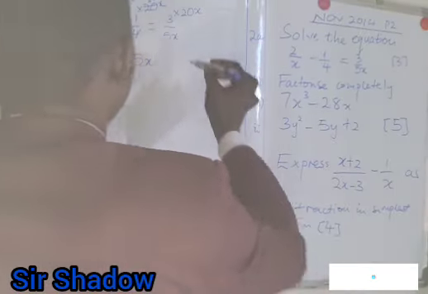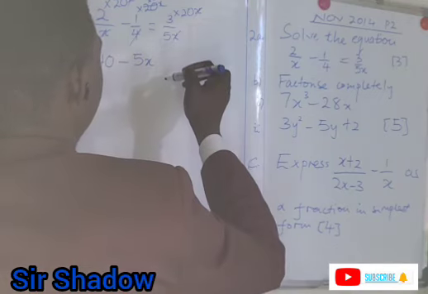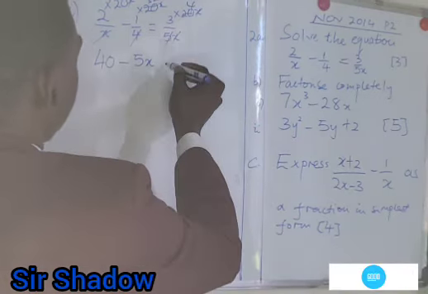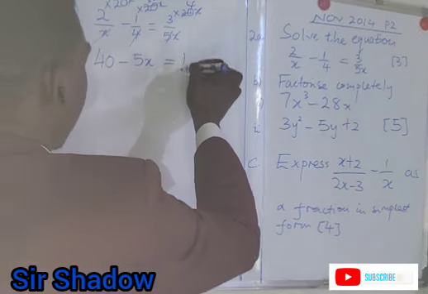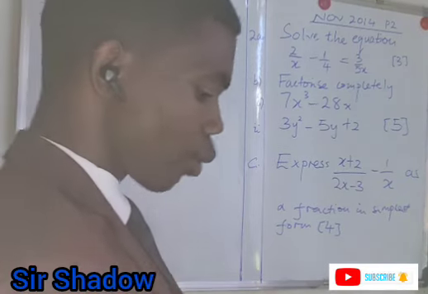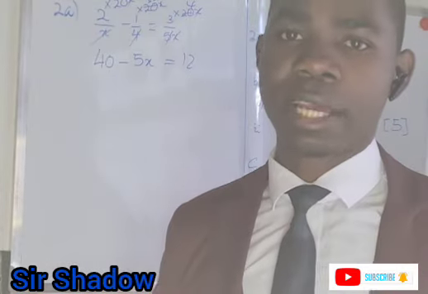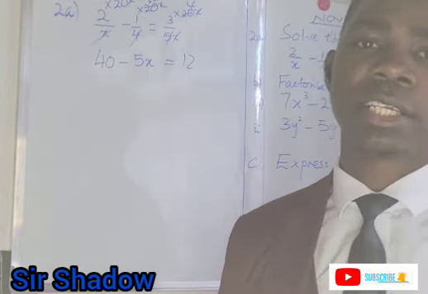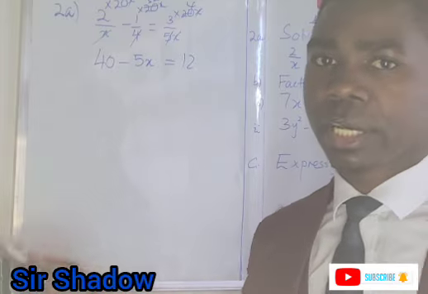Then let's move on to 3 over 5x, and x can cancel together. Then 5 into 20 is 4, so 3 times 4, which is 12. So now we have a linear equation. This one is a linear equation. So we want to find the value of x from this linear equation.